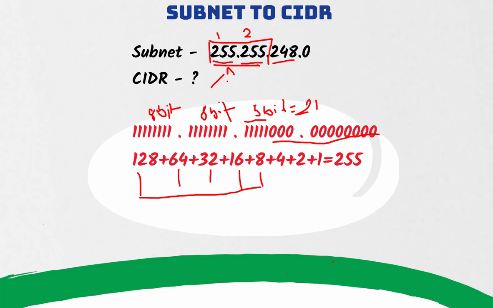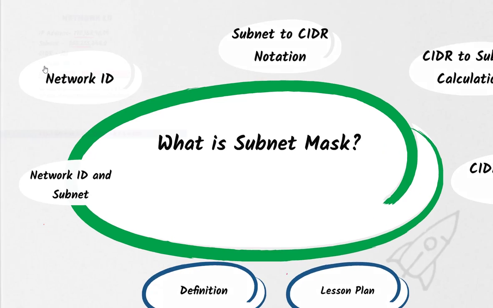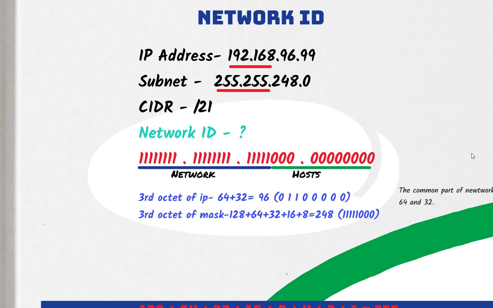So the prefix would be /21. It's super easy, right? It's a network ID. Okay, here the IP address I have given is 192.168.96.99. The subnet I have taken is 255.255.248.0, so definitely the CIDR notation is also 21.